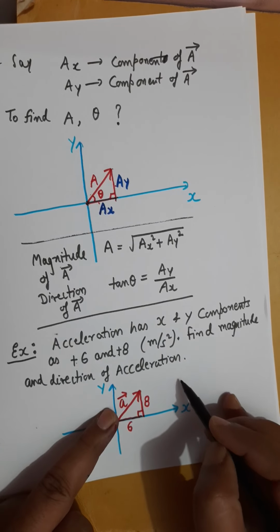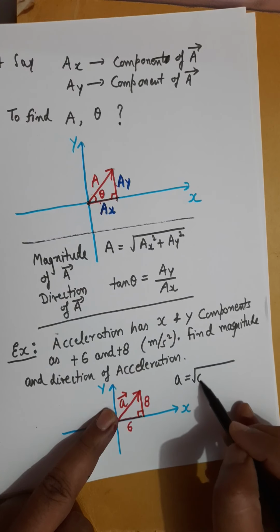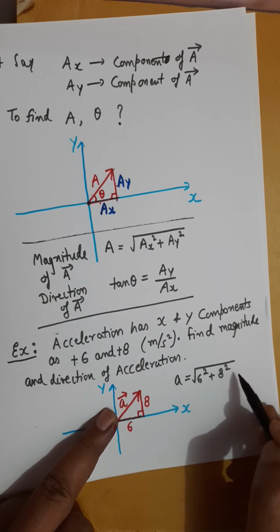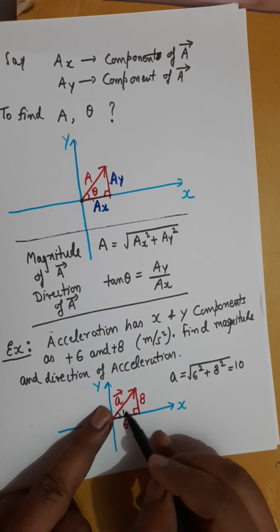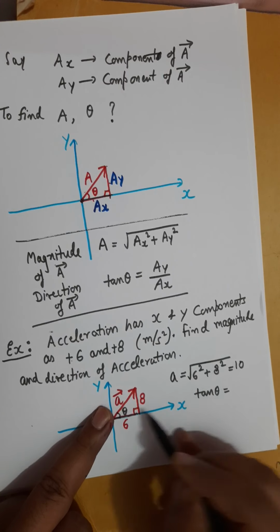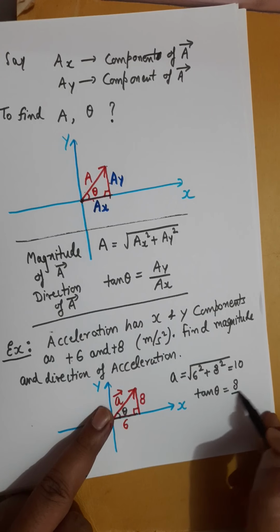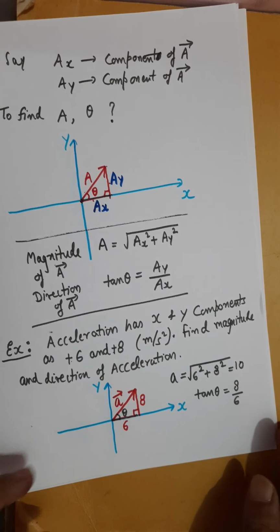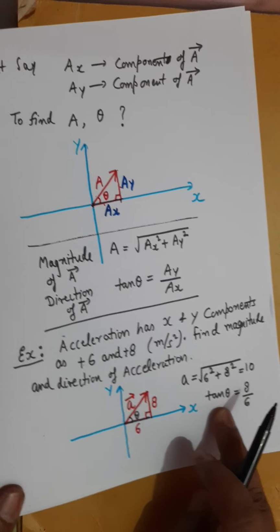Then a from the Pythagoras theorem will be square root of 6 square plus 8 square, and that is equal to 10. Unit should be meter per second square, and this angle theta is tan theta equals 8 by 6, which is 4 by 3. So this is how you can find the magnitude and direction.